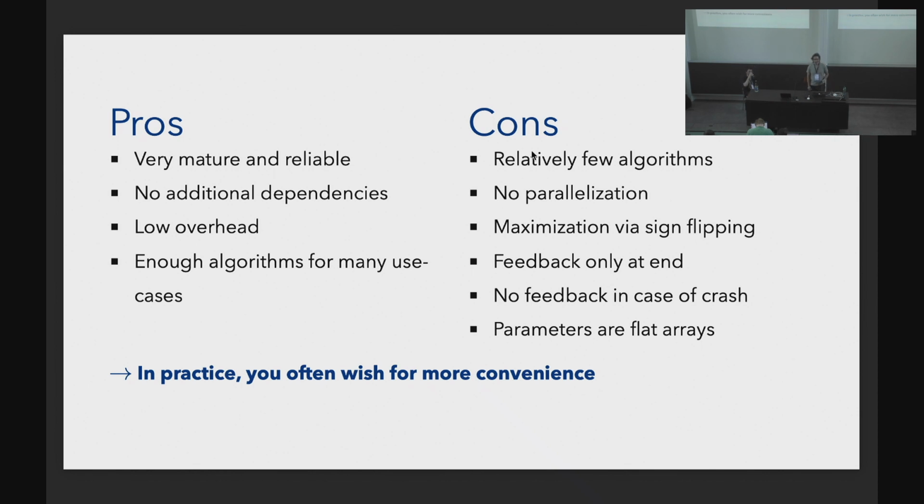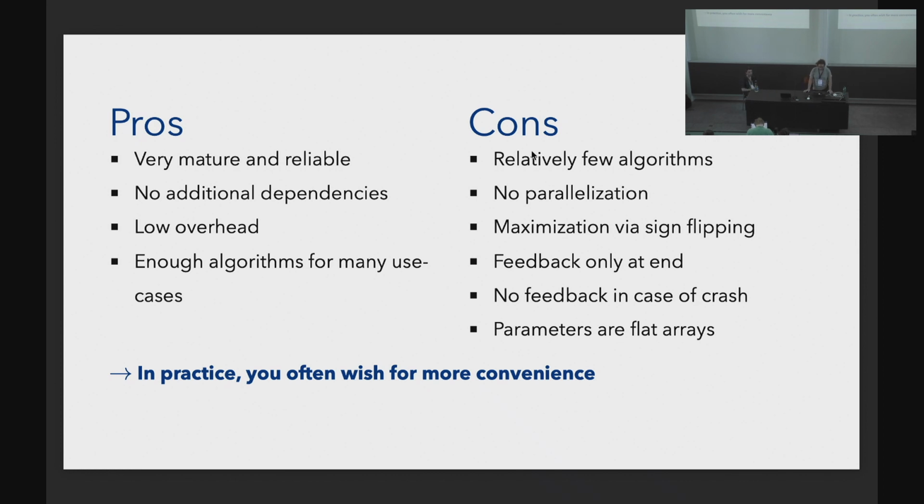You don't need any additional dependencies because in almost any project you're using scipy anyways. You have a relatively low overhead because most of these optimizers are implemented in C or Fortran. And you have enough algorithms for many use cases.